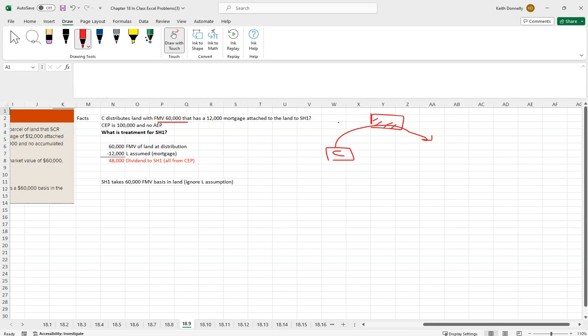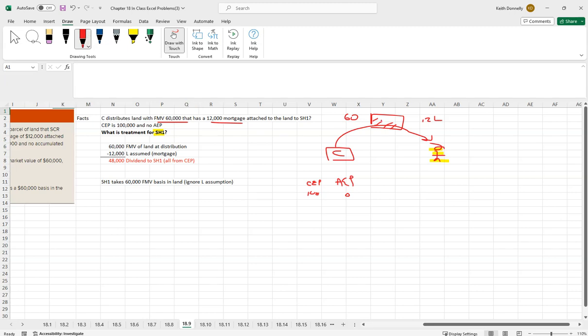It has a fair market value of 60, and a $12,000 liability on it. The shareholder says, look, I'll take on that liability, not a big deal. The corporation has CEP of 100, AEP of 0. What are the effects for the shareholder?